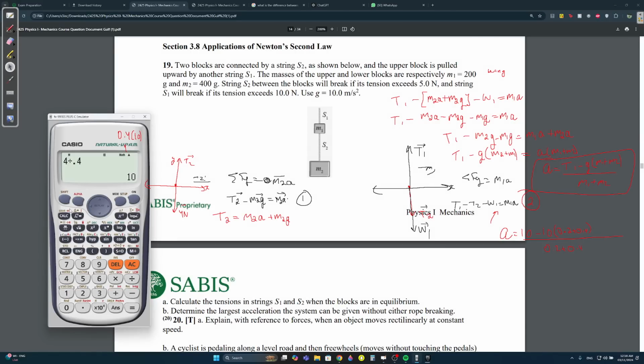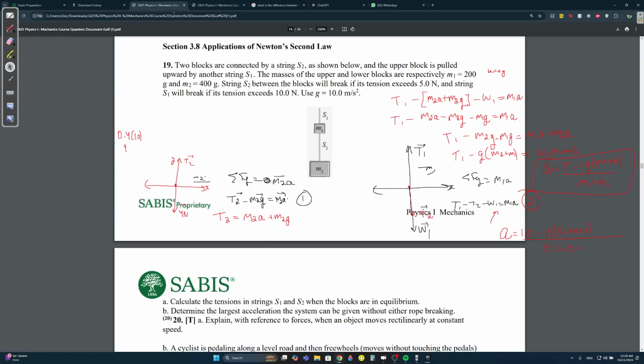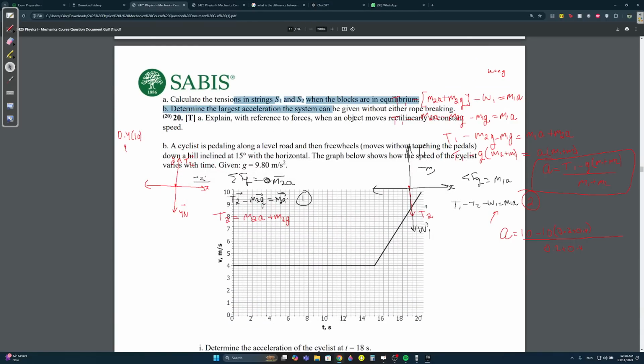So you take a calculator, put 10 minus 10 times 0.2 plus 0.4 over 0.2 plus 0.4, and you get 6.67. Okay, so we found the largest acceleration.